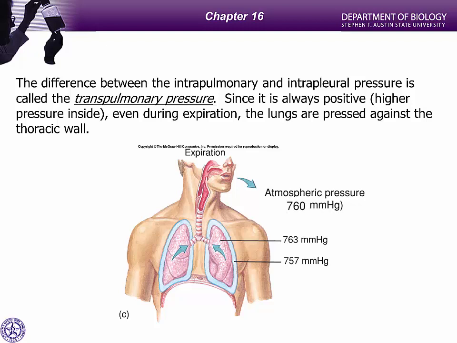Now, when we look at the difference between our intrapulmonary, inside the lungs, and intrapleural, just that space outside, that is called the transpulmonary pressure. And that difference, because of that lower or more negative intrapleural space pressure, is always going to be positive, and that's why the lungs are continually pressed against the body wall.